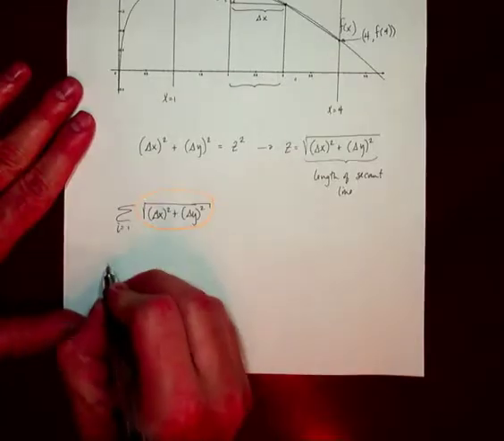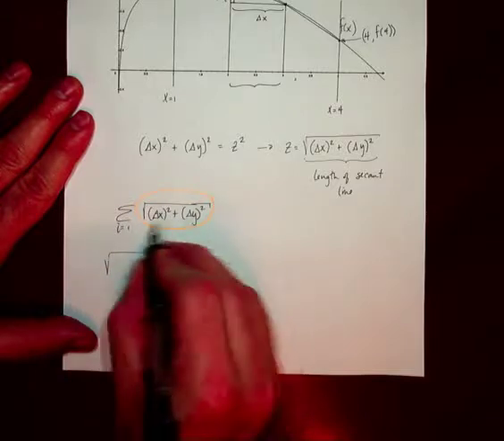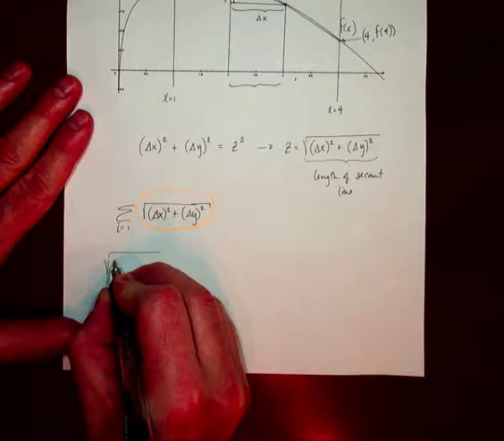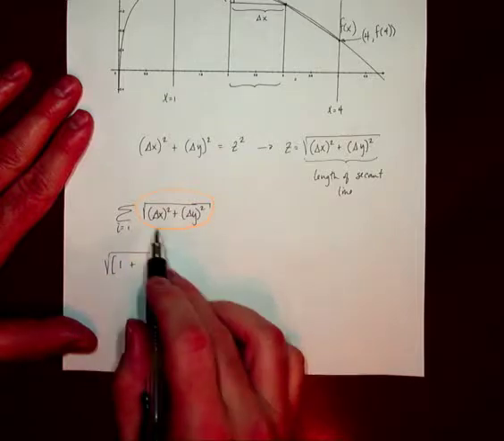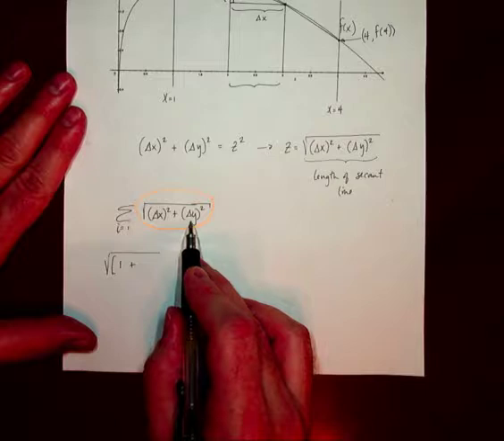So let's see if I can factor out a delta x squared. If I factor out a delta x squared, what I have in this first term is going to be 1, right? And you might be thinking, there is no delta x squared in that term.